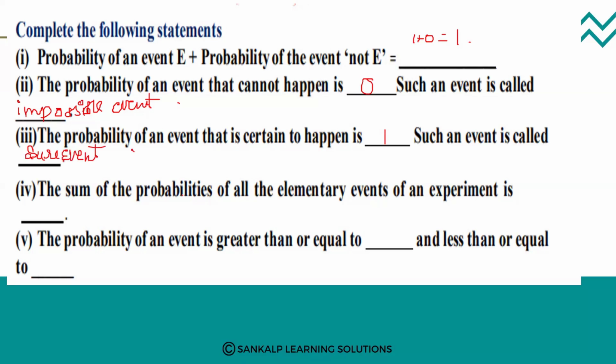Next one, the sum of the probability of all the elementary events of an experiment is 1. The probability of an event is greater than or equal to 0 and it is less than or equal to 1.